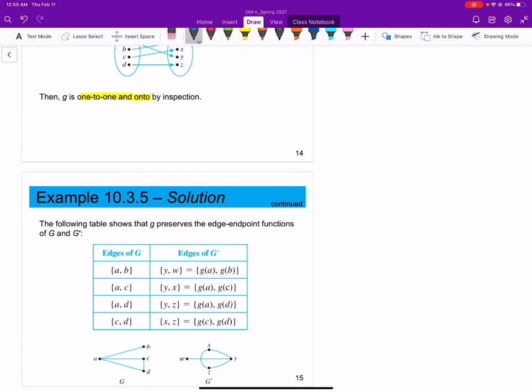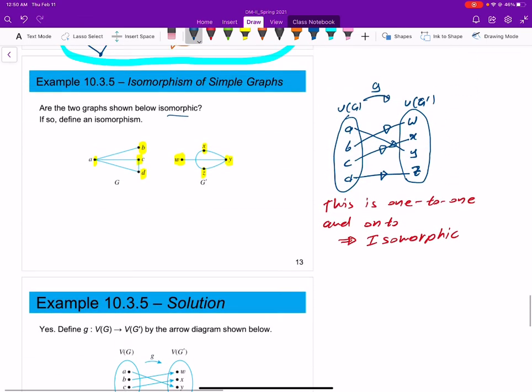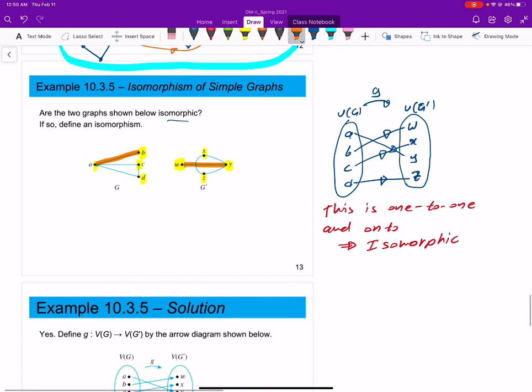And here it says the edge AB will be mapped with WY.